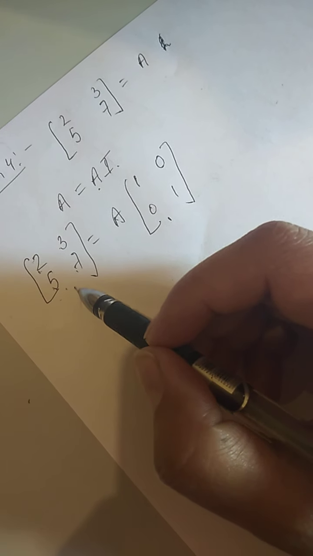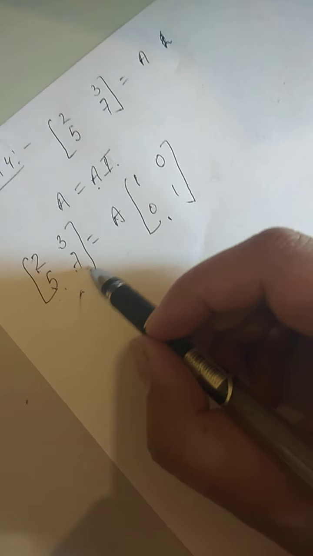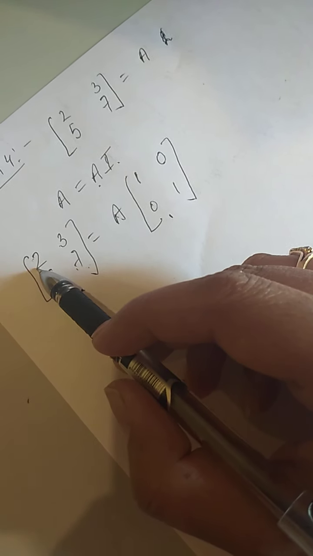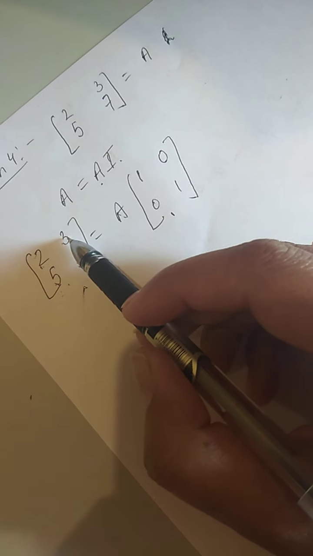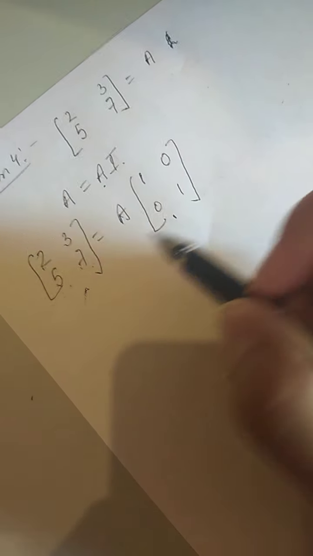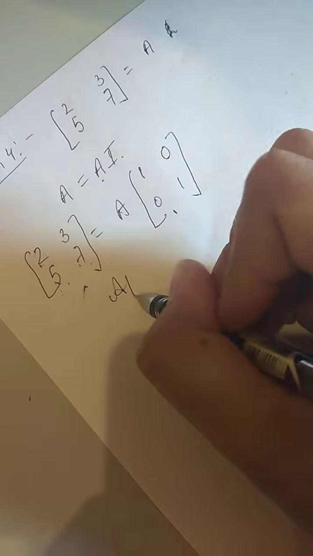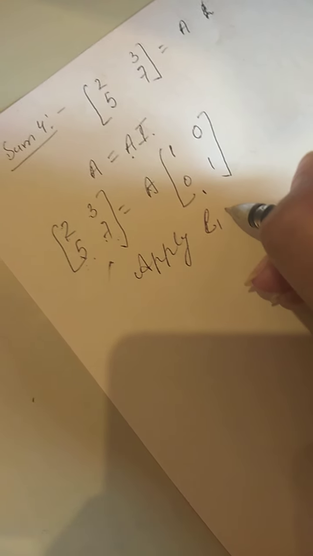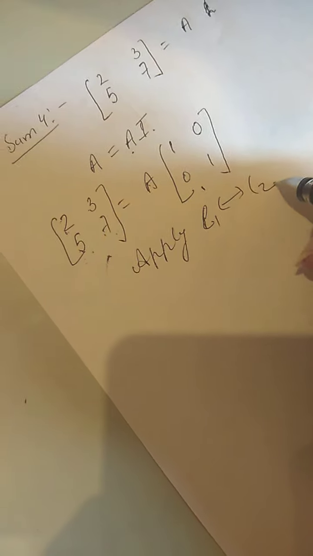Or the other way, I can first interchange these two columns, I will get here 3 and here 2, and then I can do 3 minus 2, right? So we will apply the operation C1 interchange C2.